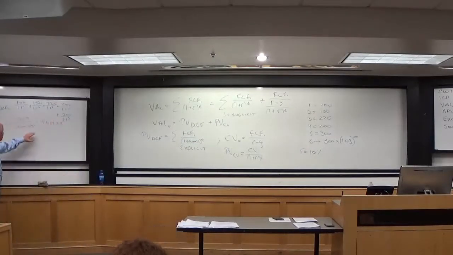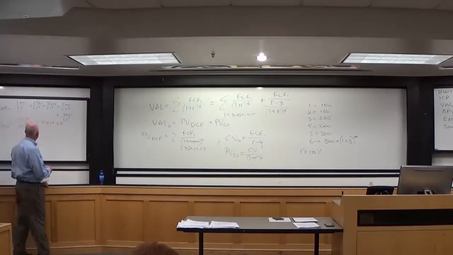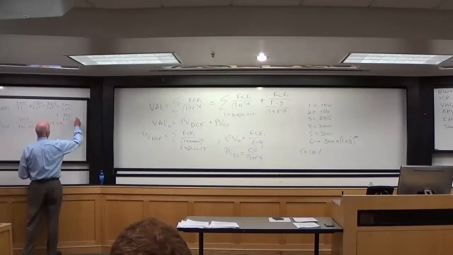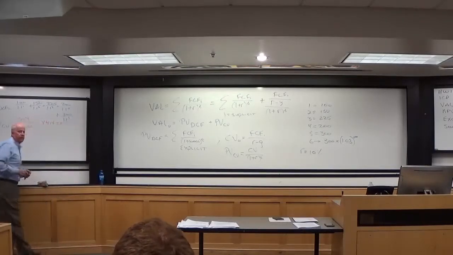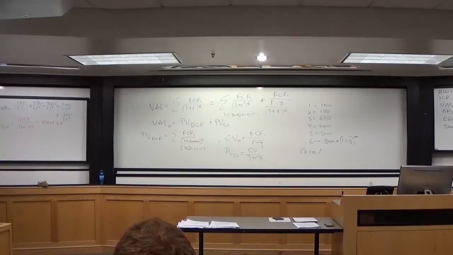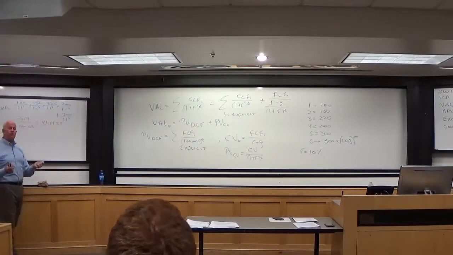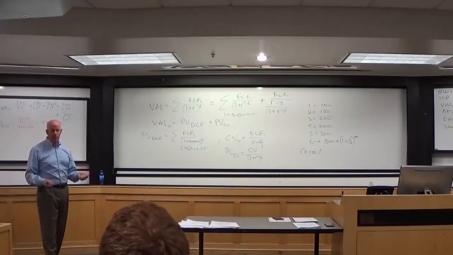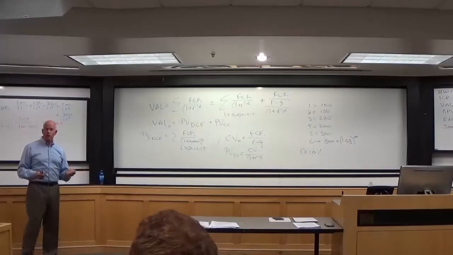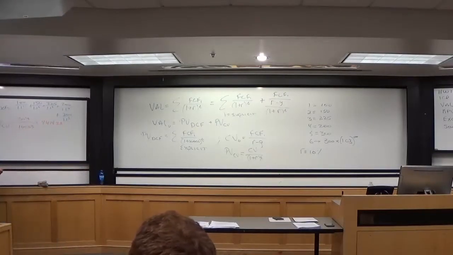So this number, 4,414.28, actually lives out here, doesn't it? But is it in year 6 that it lives, or does it live in year 5? Think of the equation. Value at time 0 equals free cash flow at time 1 divided by R minus G. So it's the value at time 0 for the continuation value, right? And if it's based upon year 1's cash flow, year 1 being the year after the explicit period, then time 0 would be the last year of the explicit period.